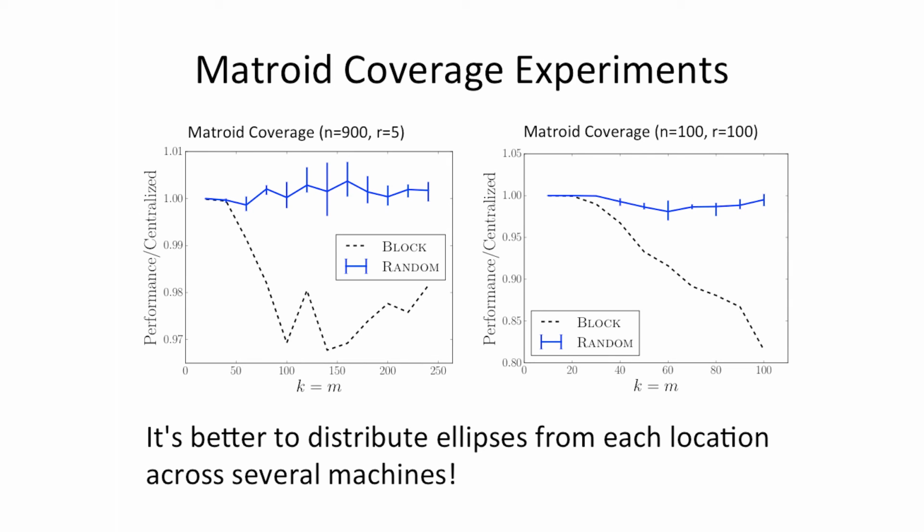So we can distribute the ellipses in a rather natural order, where ellipses of the same sensor end up on the same machine. And if we do that, we get these black dotted curves. As you can see, this doesn't seem to be a very good allocation strategy. So the greedy algorithm is not doing as well. Whereas if we actually randomly distributed and spread out the ellipses of the sensors on different machines, this seems to work much better.